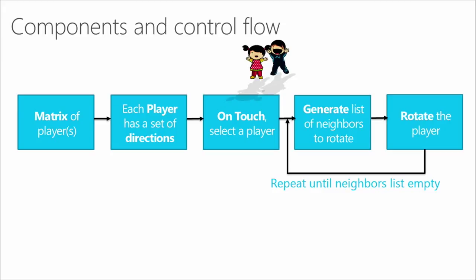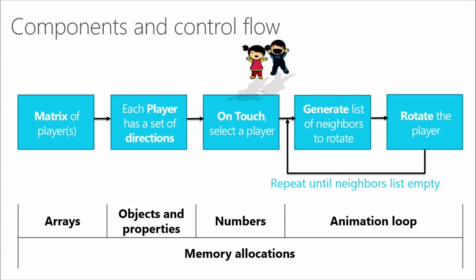That player is going to generate a list of neighbors. You're going to touch your neighbor, do a high five, and then you're going to create that particular list, and your neighbor is going to create its own list. So it's actually like a little domino, and you could generate a huge list. So rotate the player all the time, repeating until all the neighbors lists are empty. That's actually what you deal with. You see that from the game I showed you earlier.